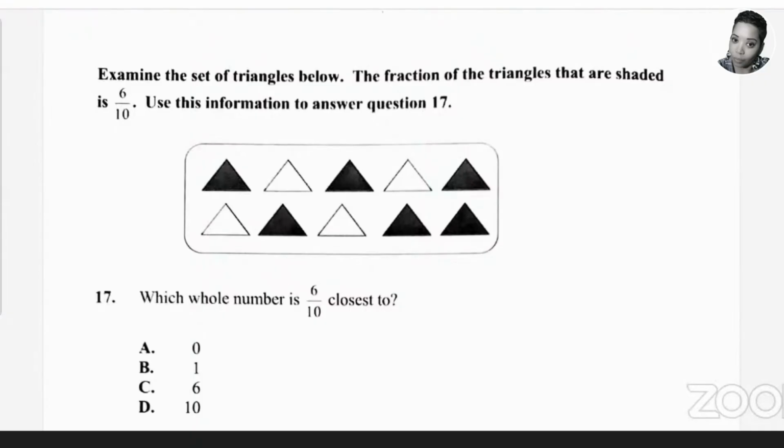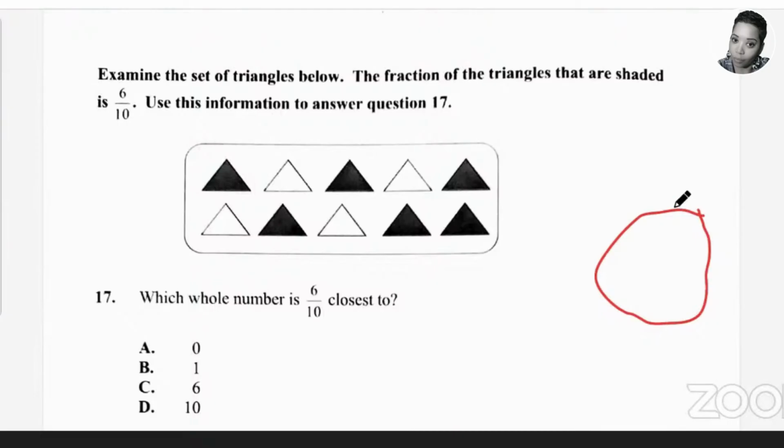Okay, so 6/10, that number is 6 out of 10 parts. So just imagine, and I always like to use cake. You have a cake, and I'm not going to put 10 slices on the cake right now. But just imagine this cake was divided into 10 slices, okay? So it's not 10 cakes, or it's not 6 cakes.